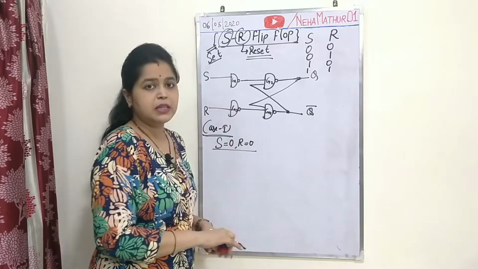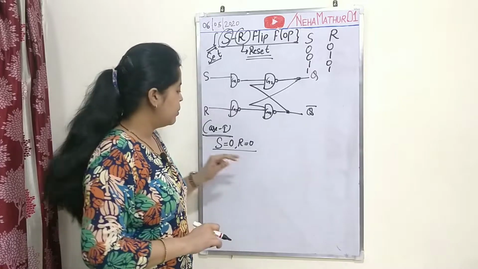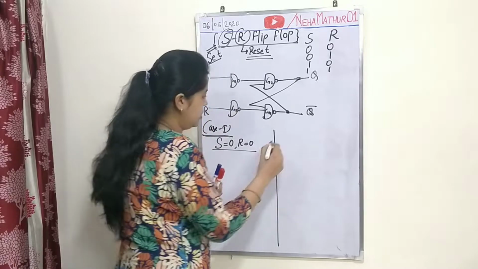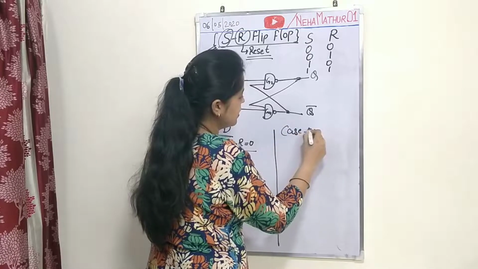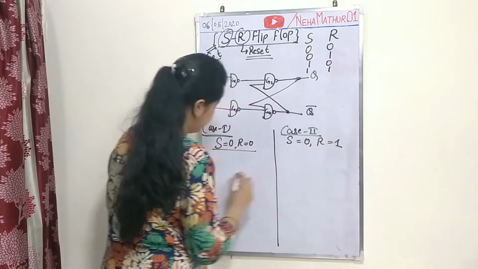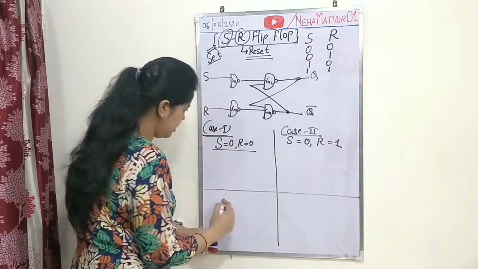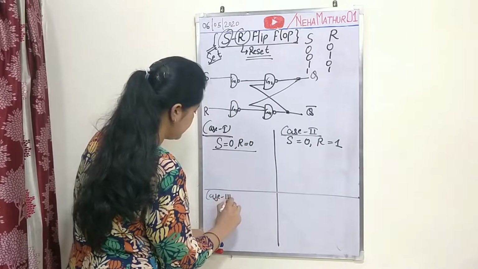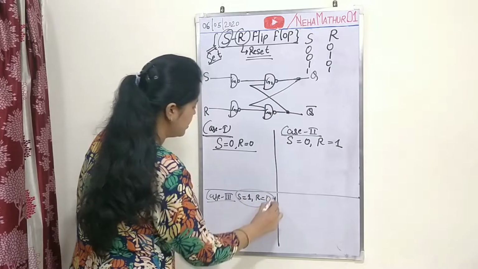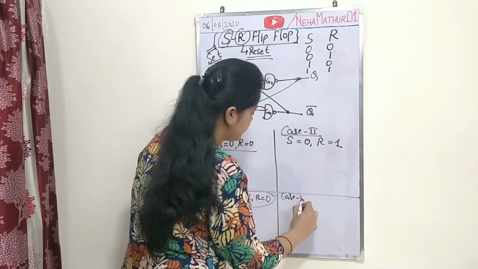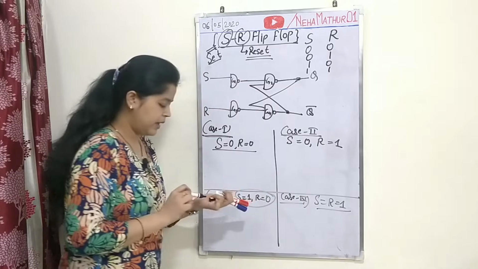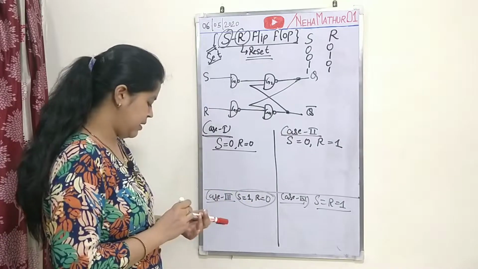So what will be the actual working of this circuit when both applied inputs are equal to 0? The second case, when S is equal to 0 and R is equal to 1, similarly we will deal with the next 2 cases, when S is equal to 1 and R is equal to 0, and the fourth case, when S and R are both equal to 1. Fine. So we will start one by one.